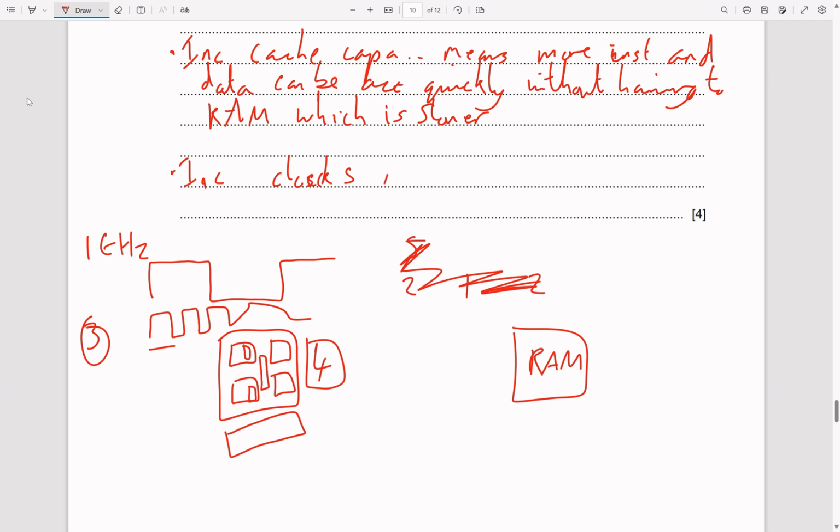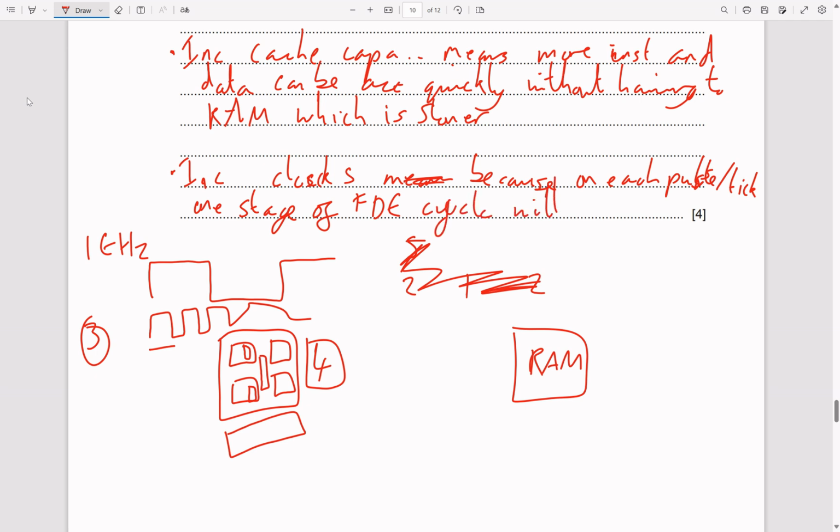So increased clock speed means a faster CPU, because on each pulse slash tick, one stage of the fetch-decode-execute cycle will occur.